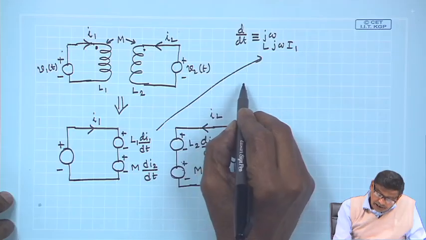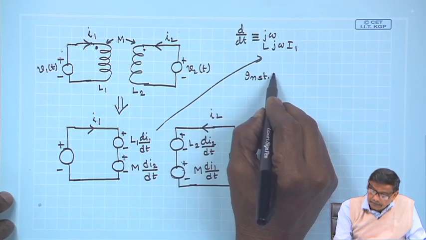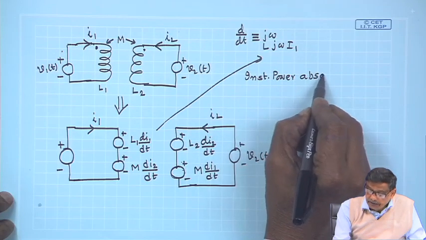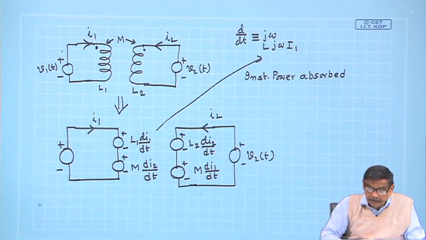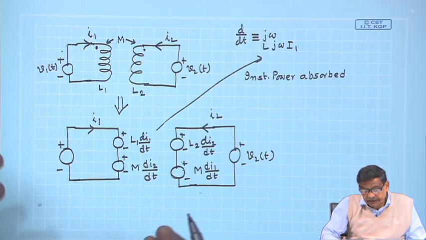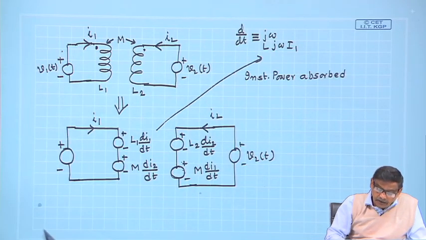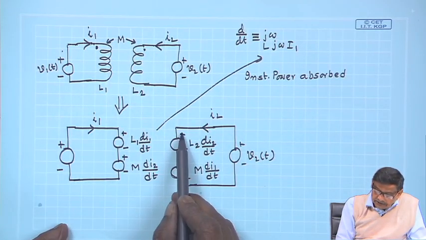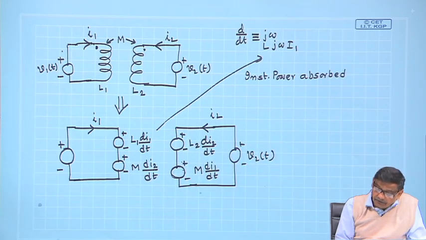So, we write instantaneous power absorbed, mind you, absorbed, because both these coils are absorbing power. Who decides that? Because I have assumed the currents in such a direction, polarity of the voltage is given, so I can make out whether this one is absorbing power or not. With plus minus at the voltages, current is entering through the plus, so it is absorbing.